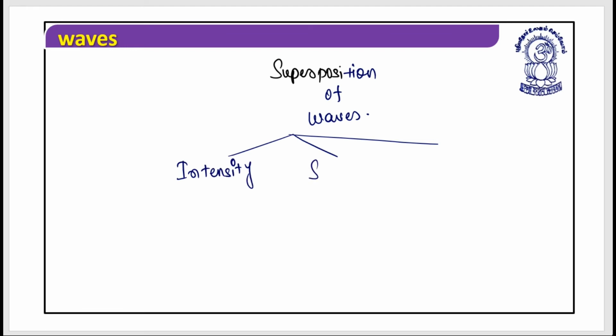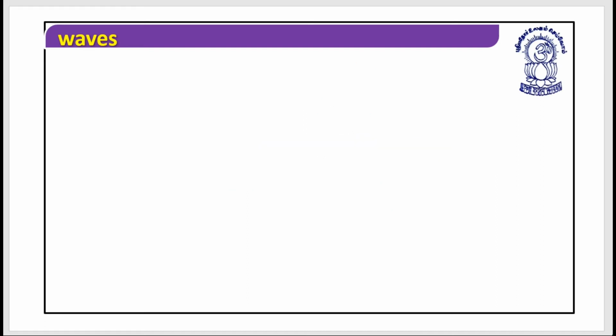The second one is the application of standing waves, and the third one is the application of beats. So we play with these three applications when we discuss the superposition of waves, and we are going to discuss them one by one. So let's discuss the first, intensity of a wave.